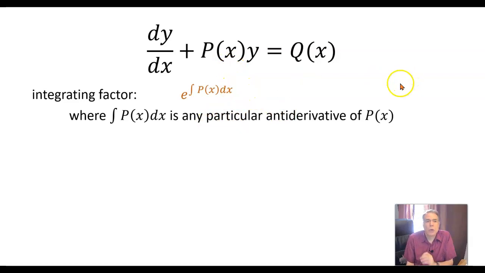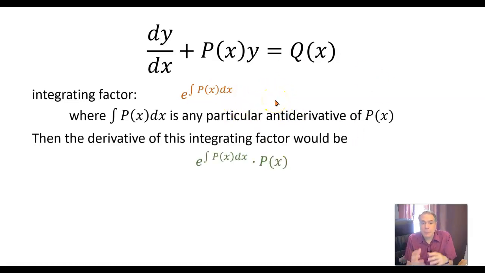That is, we look at the coefficient function in front of the y, find an antiderivative of that with respect to x, and all we need is just one particular antiderivative. So we don't need to mess around with a plus c or anything like that. Just find an antiderivative of that thing in front of the y, and then take e to whatever you get for the antiderivative. That's your integrating factor.